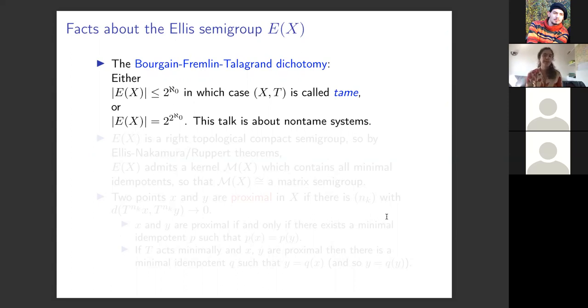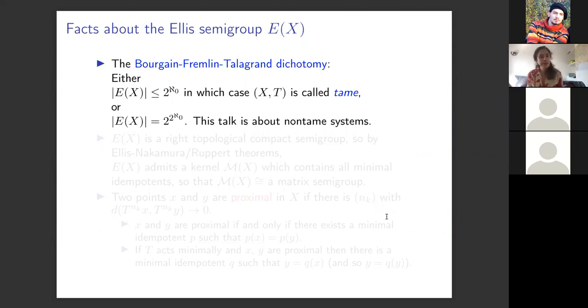And what it tells you is that the cardinality of an Ellis semigroup can either be quite small, so it's 2 to the aleph naught, and if that happens, your system's called tame. And most of the work that's been done on Ellis semigroups is about tame systems, all right? So examples of tame systems are when your space is actually a group and your transformation is a rotation. Okay, so those systems are all tame.